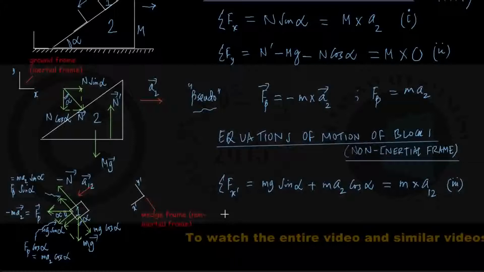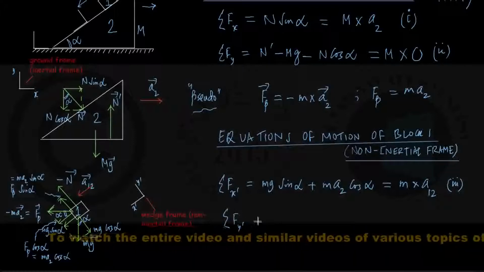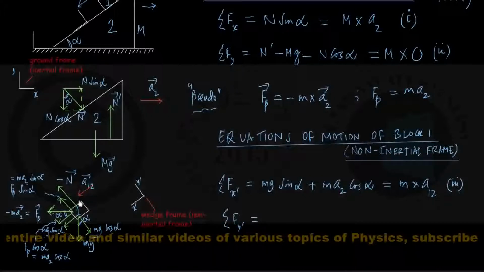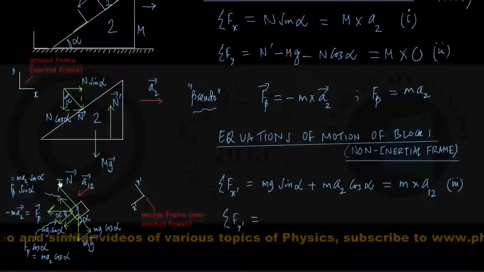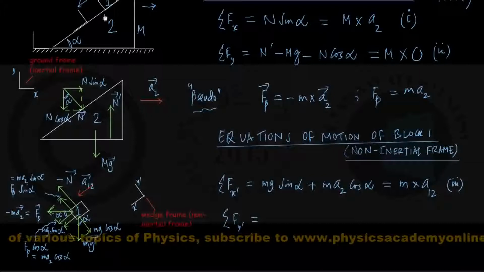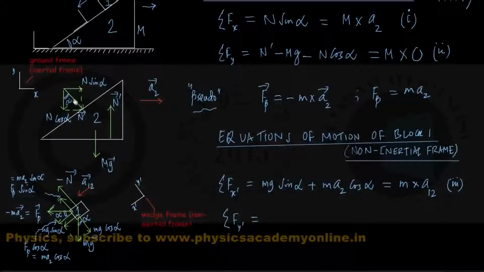Next we go forwards and write down the equation of y dash motion of the block with respect to the wedge frame. Let's look at the forces here. We have got a force of normal force. The minus sign is sitting because it is the reaction of the force N shown earlier on the FBD of the wedge.